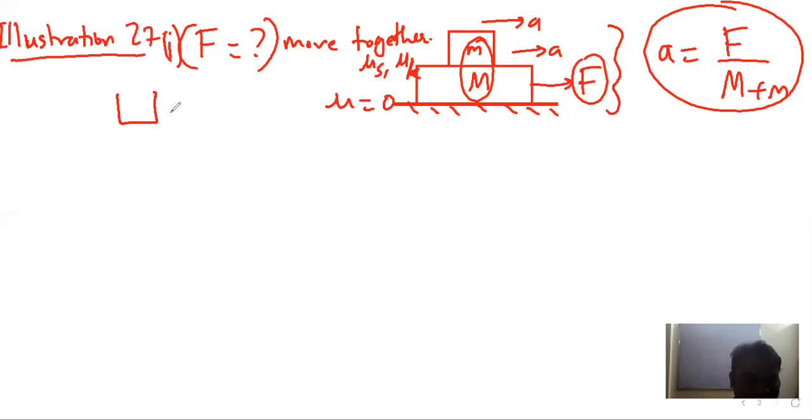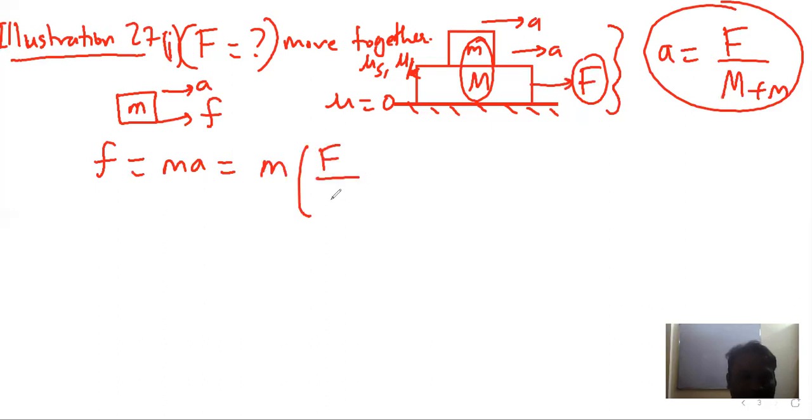Now, small m mass will have friction force in forward direction and acceleration a in forward direction. So friction is mass into acceleration. Mass is m, acceleration is capital F upon small m plus capital M. So the value of friction comes out to be mF upon m plus capital M. So this is the value of friction.